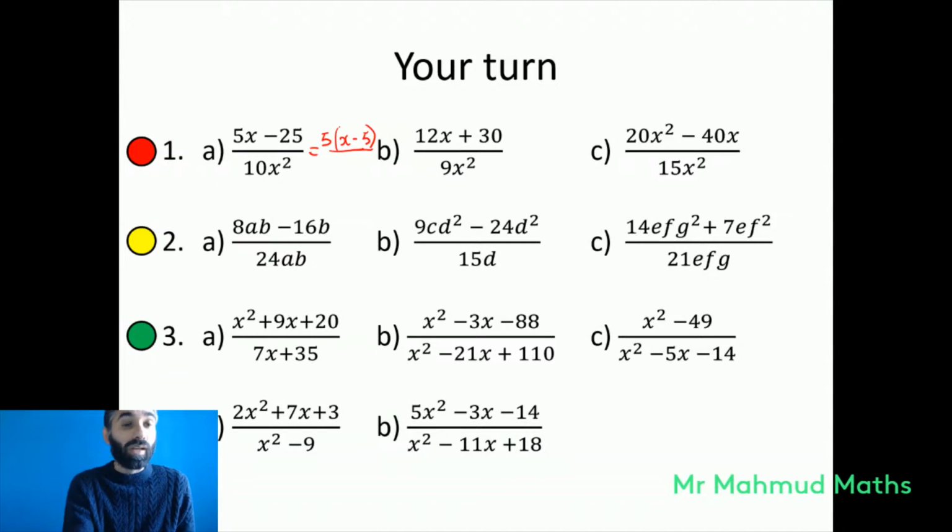At the bottom part, we cannot do anything with it because this is just 10x squared. Now think about how we are actually going to simplify 5 and 10. The 5 goes into 10 twice, so we're left with just 2 there. And that's it. So it'll be x minus 5 over x squared. That's the answer.